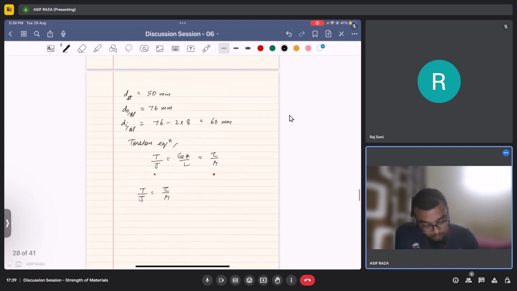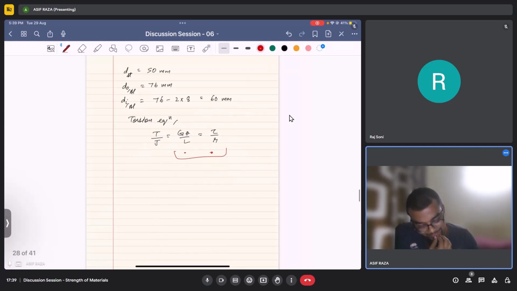So we'll use all the three expressions. First use the second and third expression for both aluminium and steel, and consequently we'll calculate the torque generated because of the others. So let us write it.